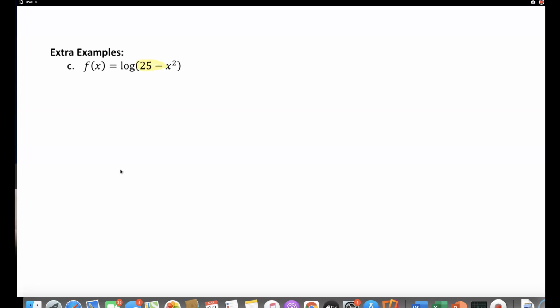You set it up by setting that argument greater than 0. That's step number 1. So remember to set this argument, 25 minus x squared, greater than 0. Now this is a polynomial inequality, so I will factor this. If I factor this, I get 5 minus x and 5 plus x, isn't it?